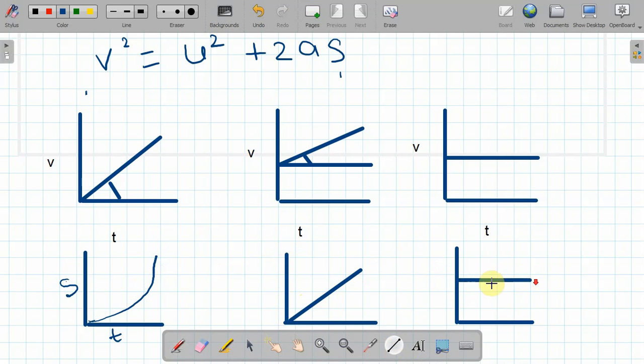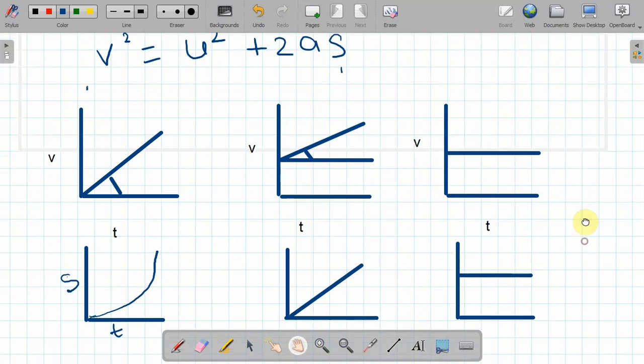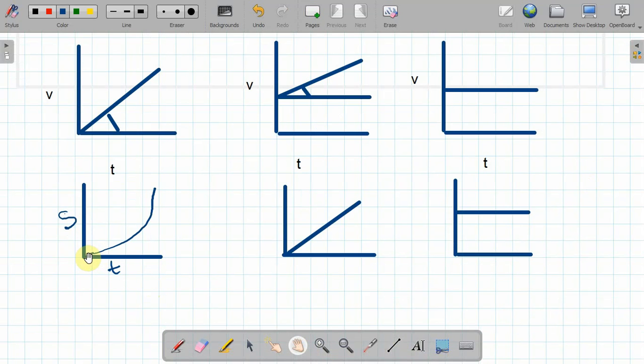Now why is it so? The important thing is why it is so. As time passes, the displacement of the particle is increasing.